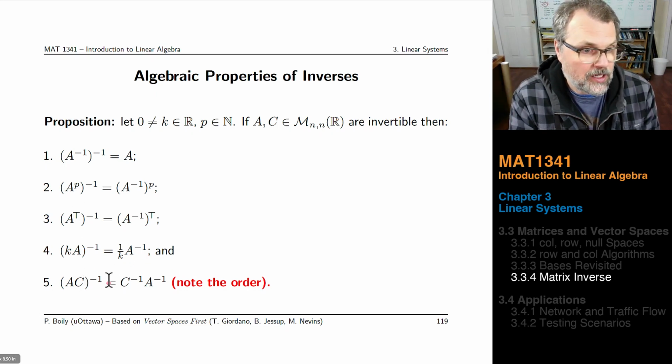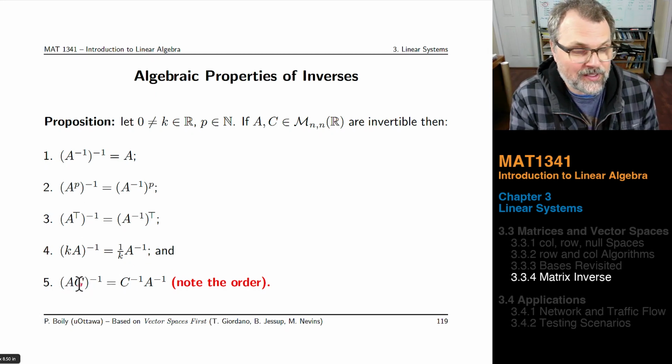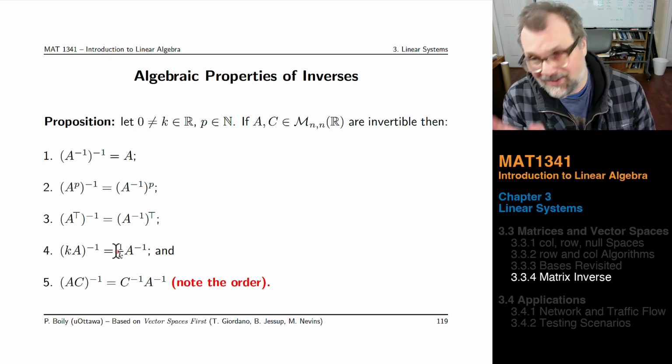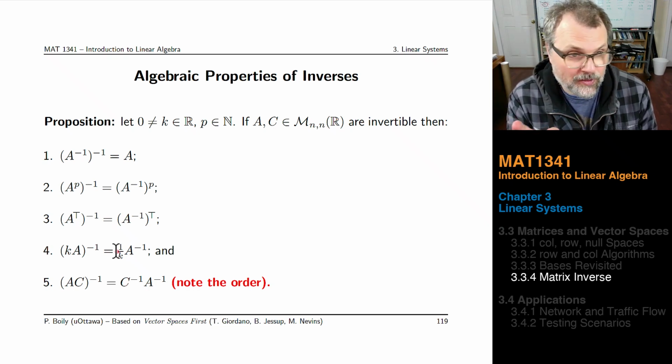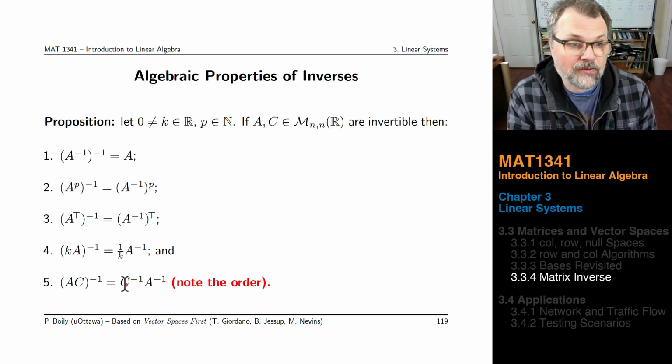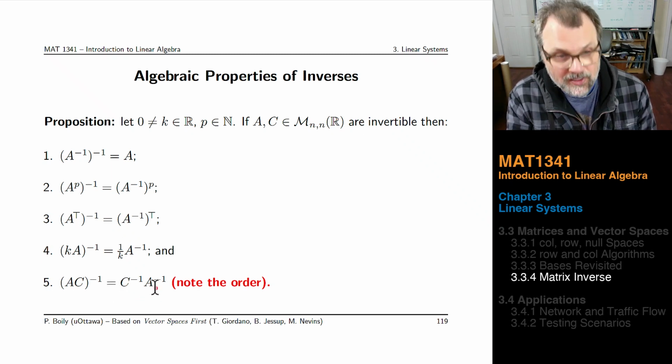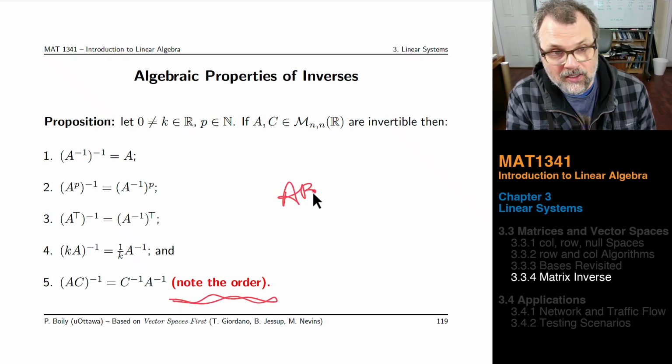the inverse of A times C is in fact, and this is the one property that is different, going to be the inverse of C first times the inverse of A. The order here is important. It's not unlike that rule we saw for the transpose of a product.